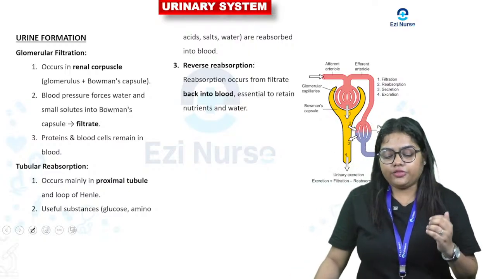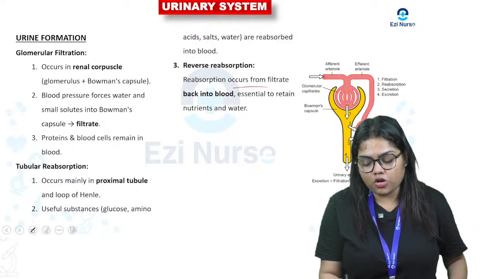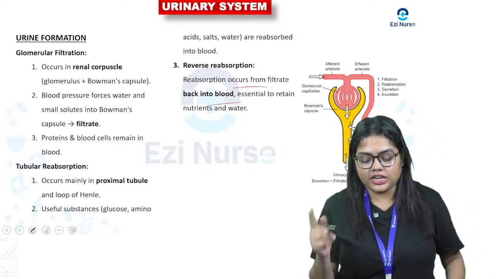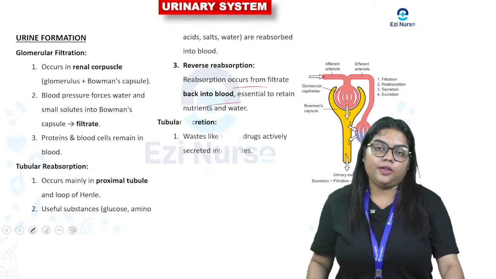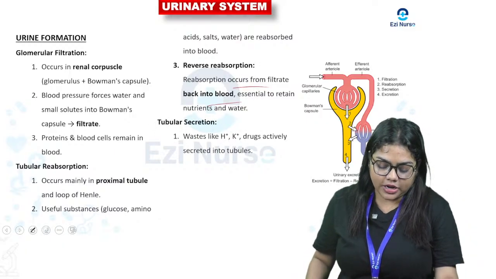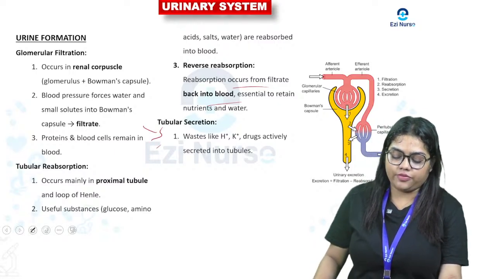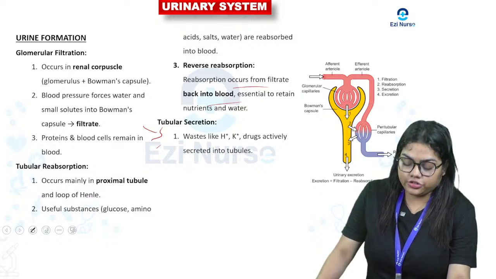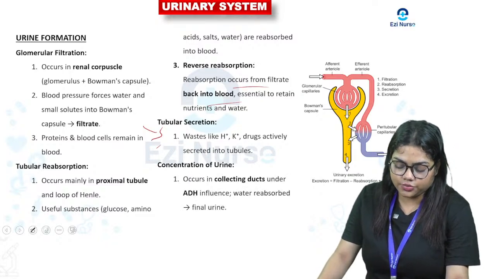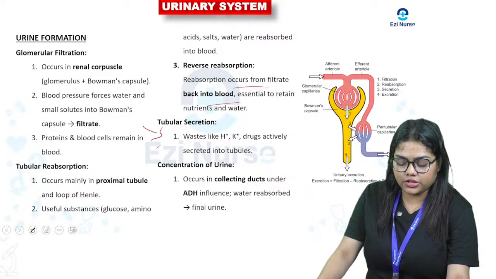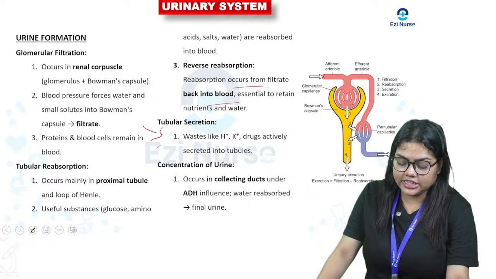Okay, and the reabsorption again happens where the essential retained nutrients and water will be returned to the blood. Now it will move forward to tubular secretion, where waste like hydrogen and potassium ions and drugs are actively secreted into the tubules. The concentration of urine actually occurs in the collecting ducts under the ADH influence.